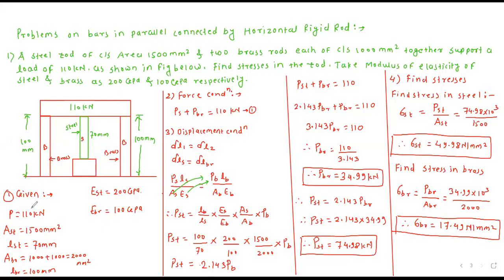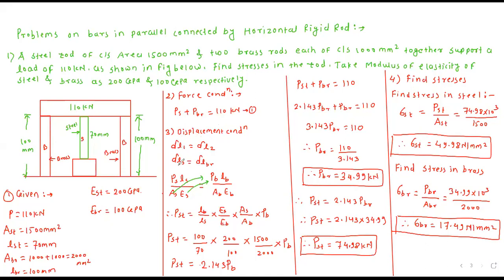You have to first write down the given parameters. After that, you apply the force condition. In the force condition, total load is equal to the load carried by the two different materials, that is, load taken by the first material plus load taken by the second material equals total load. After that, you apply the displacement condition: change in length in the first member is equal to change in length in the second member.